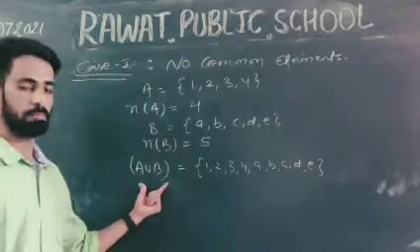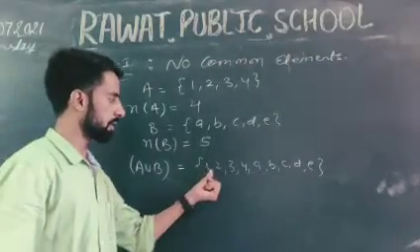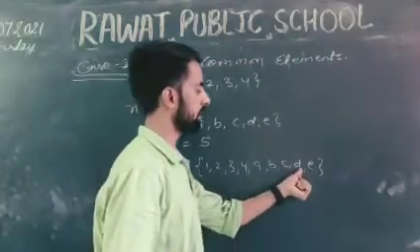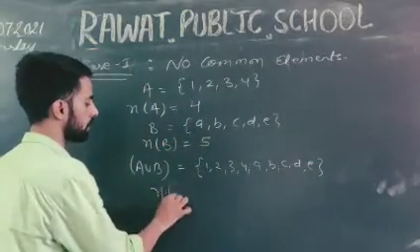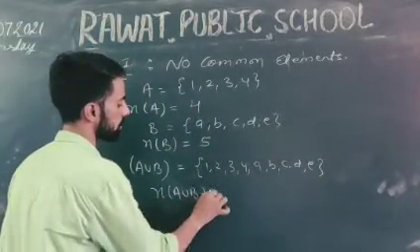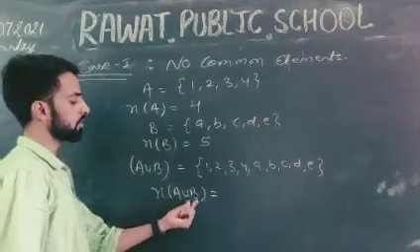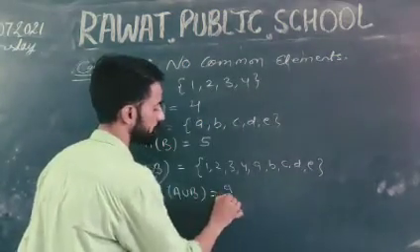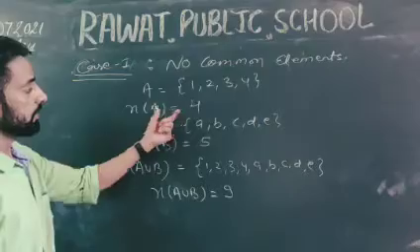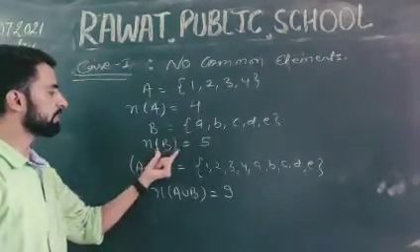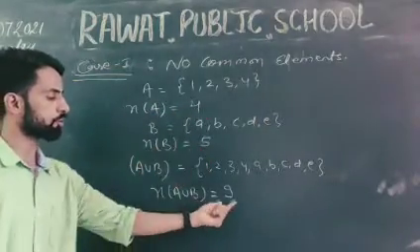So this is A union B. How many elements do we have here? We have 1, 2, 3, 4, 5, 6, 7, 8, 9. So the number of elements in A union B, n(A∪B), is 9. You can see n(A) was having 4 elements, n(B) is having 5 elements. Together they have 9 elements.